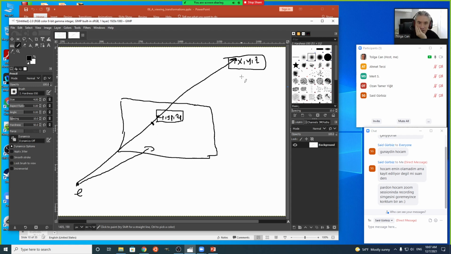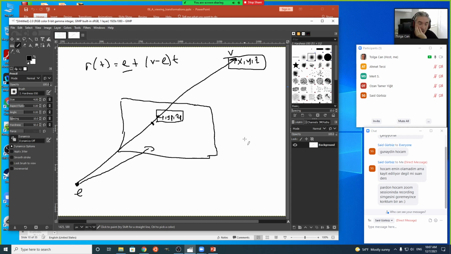Actually, we could have. The ray generation is easy, right? We can have a ray equation that says E plus, let's call this point V, this XYZ, E plus V minus E times t. And actually this E is 0 right now. You know that, right?